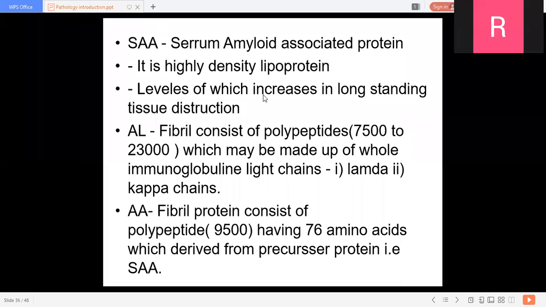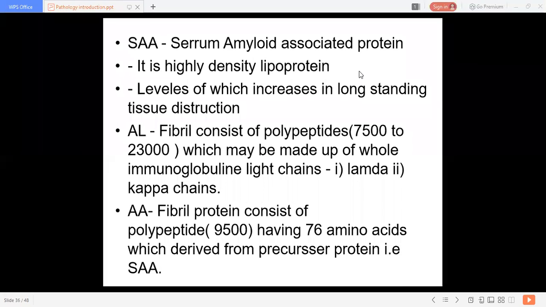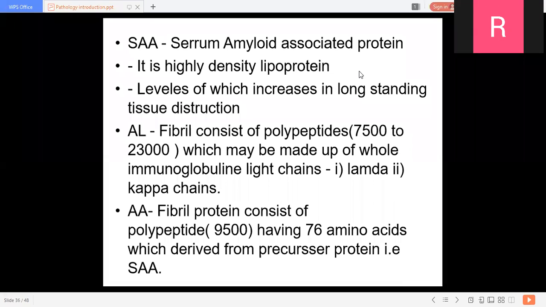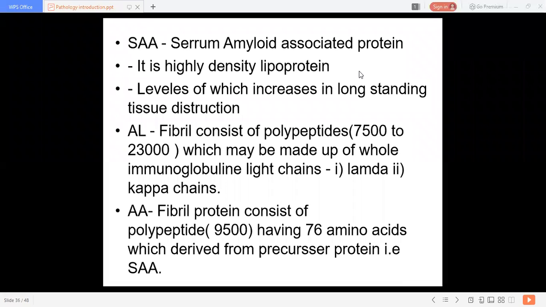Its levels increase along with long standing tissue destruction. Whenever chronic tissue destruction occurs, this SAA protein forms, which is nothing but a high density lipoprotein.